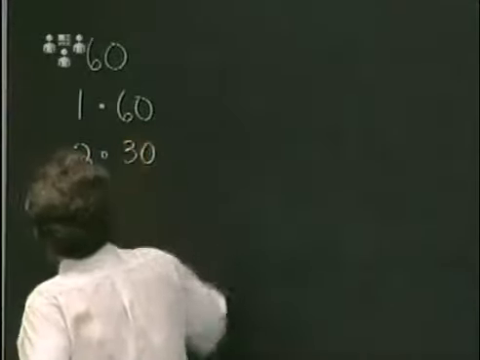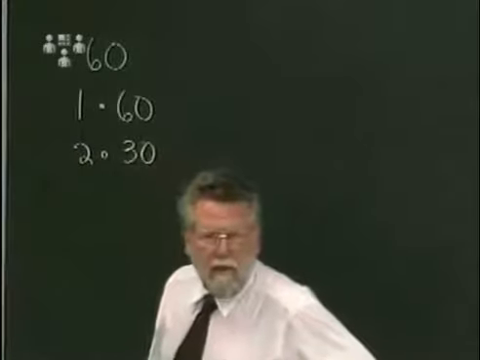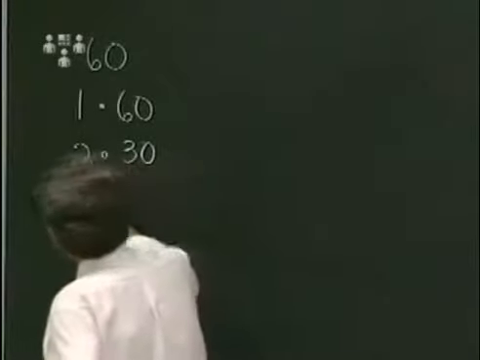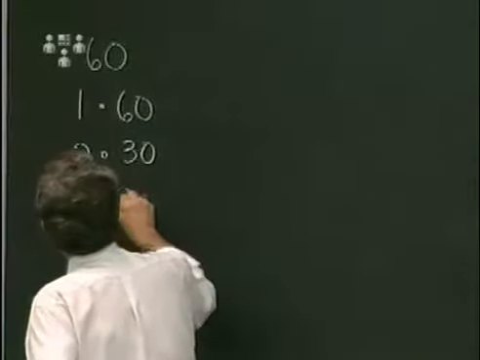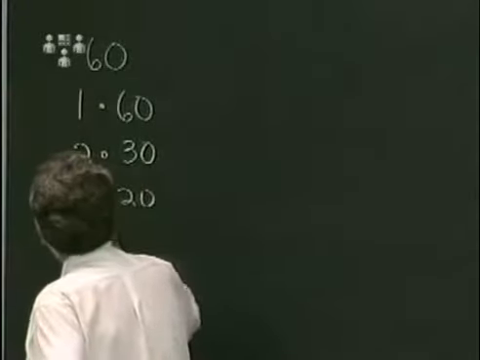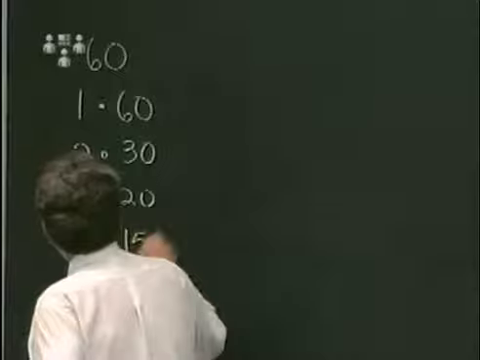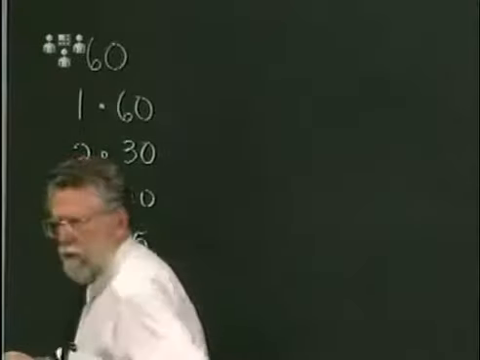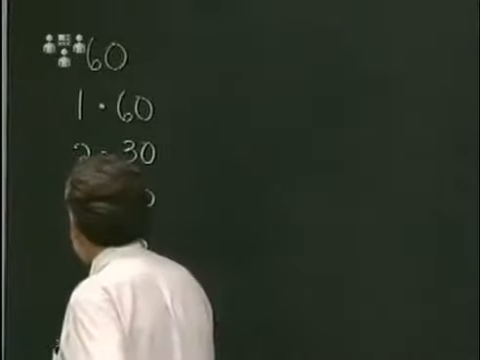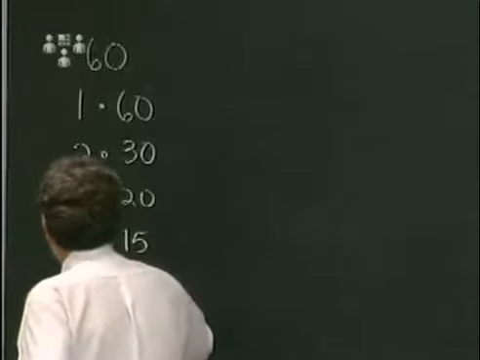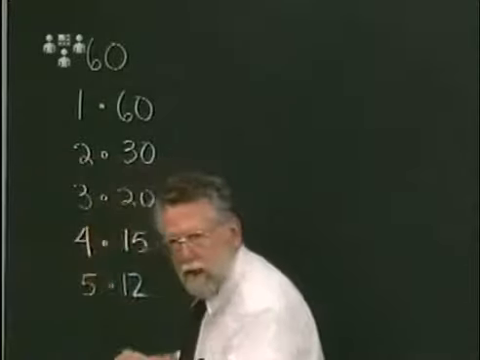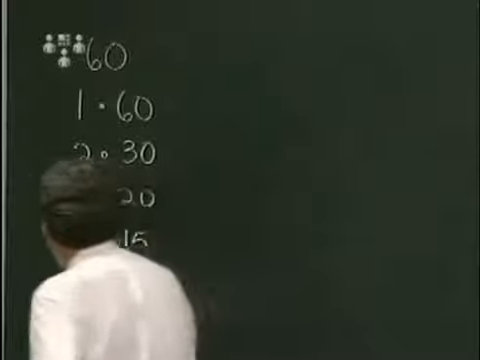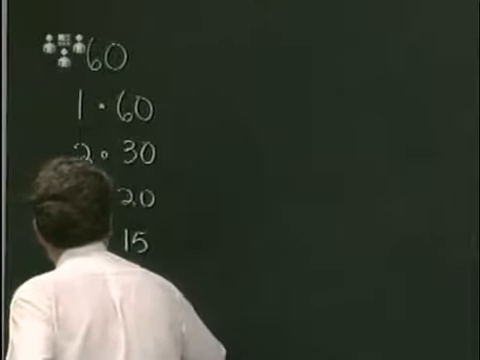Now I'm just getting the divisors, if you will, in a way. That 2 times 30, or I could do 3 times 20, correct? Or I could do 4 times 15. Or we'll get there. How about 5 times 12 first? Otherwise, I'm trying to keep some order as I'm going down. And then, yes, the 6 times 10.